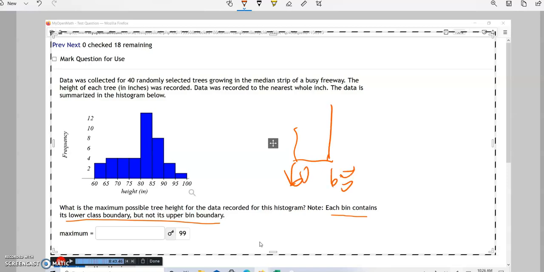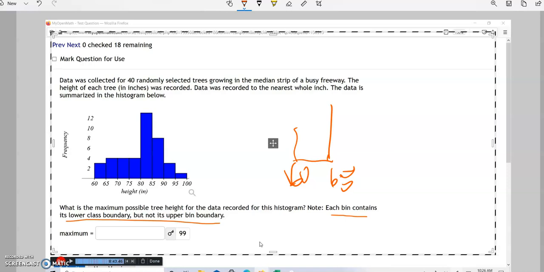That class contains 60, 61, 62, 63, and 64 because each number is the lower class boundary. So 65 would be the lowest number of the next class, and 70 would be the lowest number of the next class. So the second class contains 65, 66, 67, 68, and 69. See what I mean? And then the next class contains 70, 71, 72, 73, and 74.